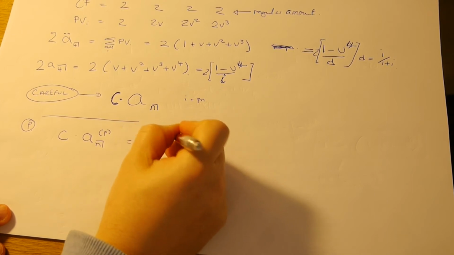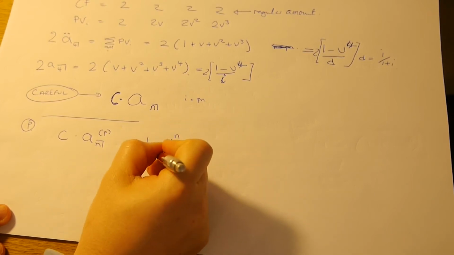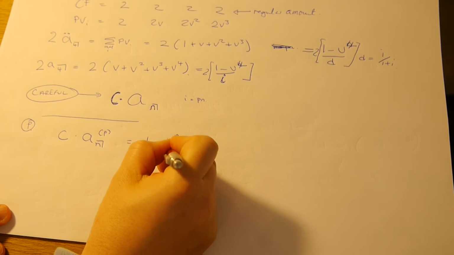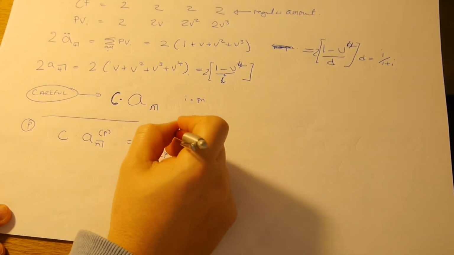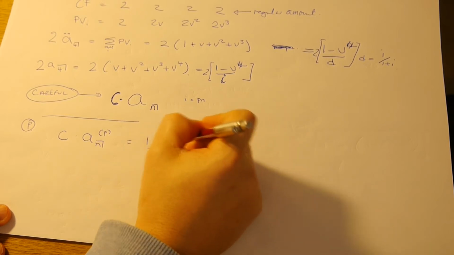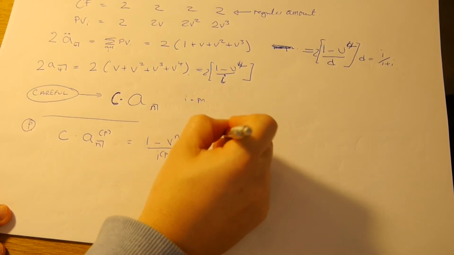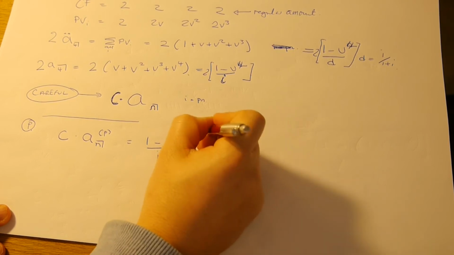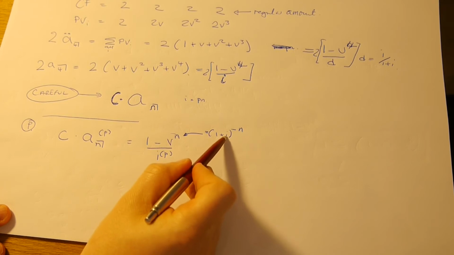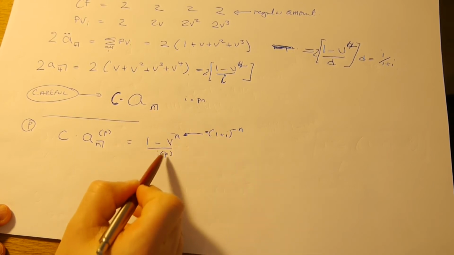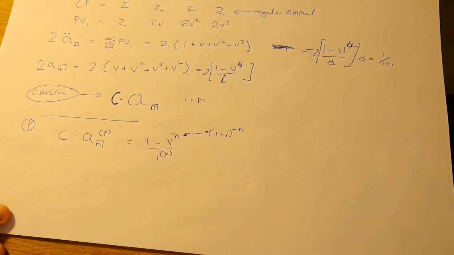Our quick formula then changes to that, in this case. But be careful that the i used in the v is 1 plus i to the minus n. So be careful that we use i here and i(p) there, the nominal rate.